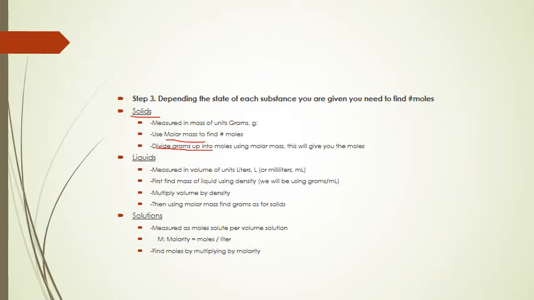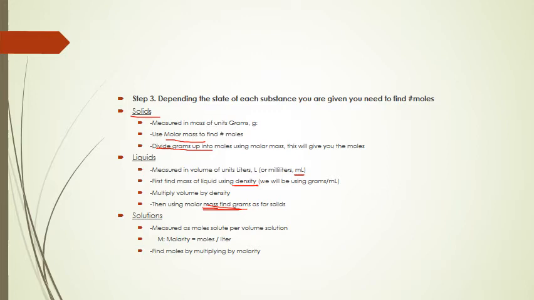If it's a liquid, it'll usually be in milliliters. First thing you have to do is find density, and then once you find density, you'll use molar mass, or the other way around.